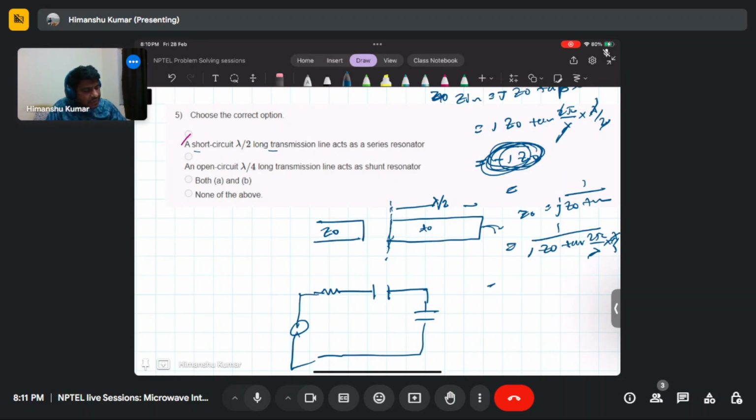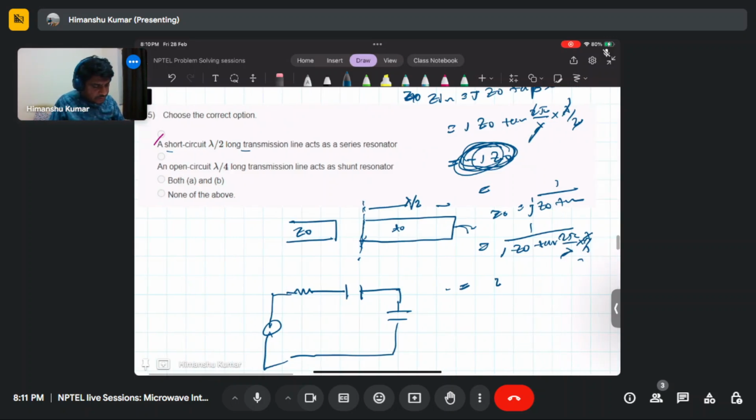This will become pi by 2, and this will become like a short. Open circuited lambda by 2 line acts as a shunt resonator.